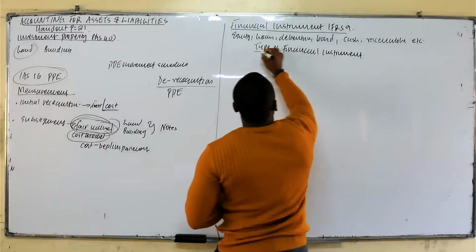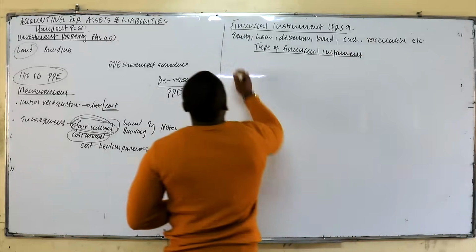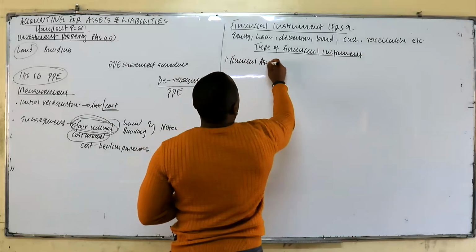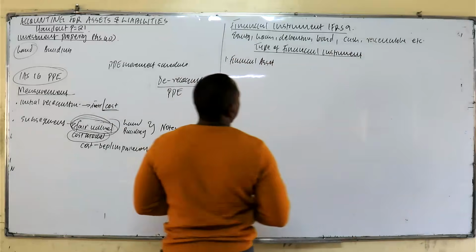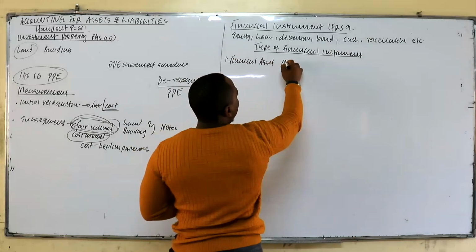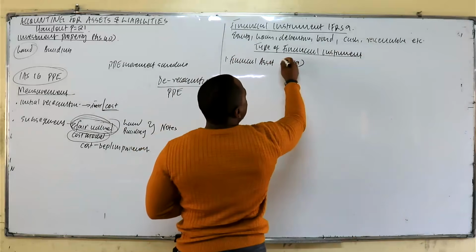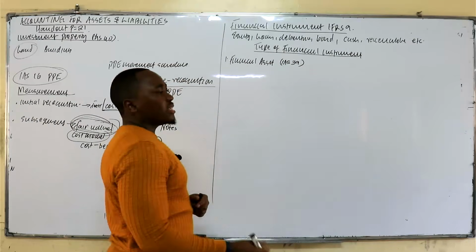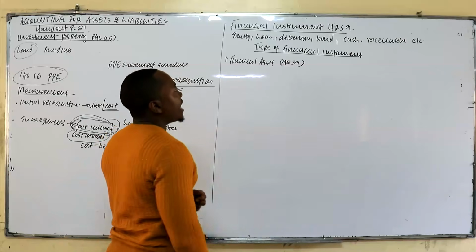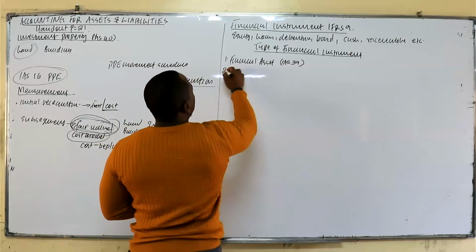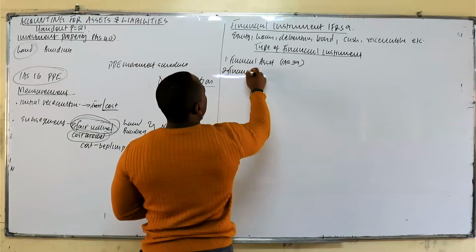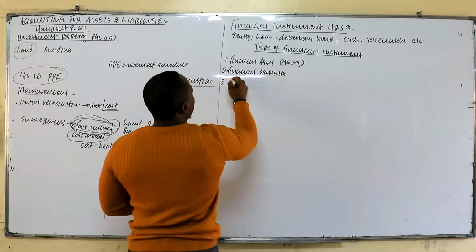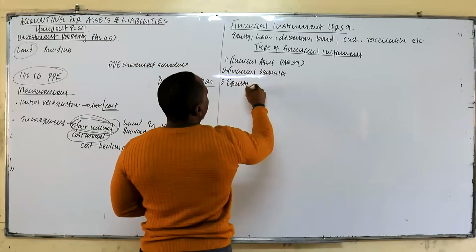Now, financial instruments are classified into 4. Number 1, we have financial assets. Financial assets previously used to be under IAS 39, but in the last financial year, this one has been fully scrapped. Now we have integrated to IFRS 9. Then number 2, we have financial liabilities. Number 3, we have equity.